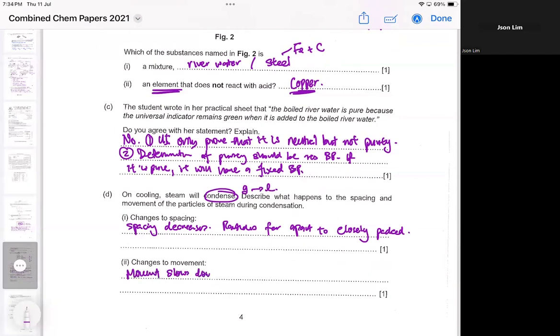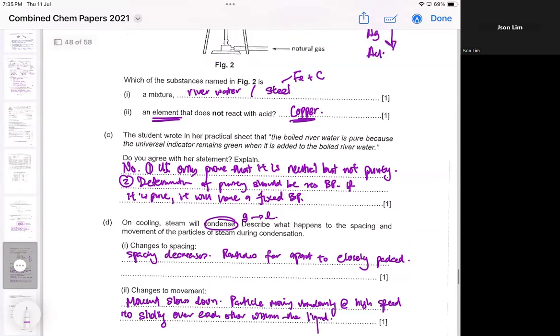That's because the particles went from, because these changes we got to state before and after, moving randomly at high speed to sliding over each other within the liquid. Okay, that's for question 2.